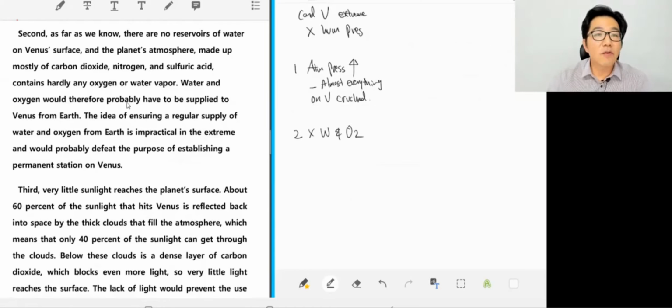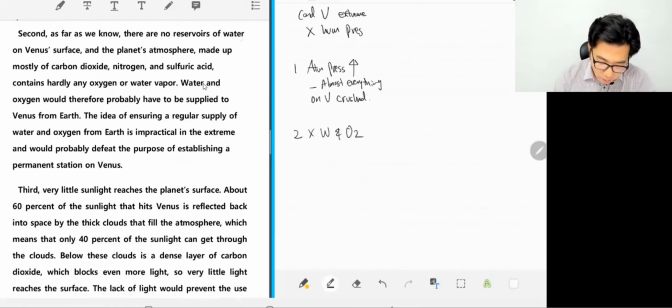Water and oxygen would therefore probably have to be supplied to Venus from Earth. I mean, that's impossible. It's like, what is this, online shopping? Why would we live there in the first place if we have to ship oxygen and water? It sounds ridiculous. So that would be the first detail.